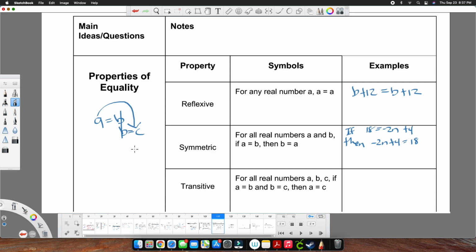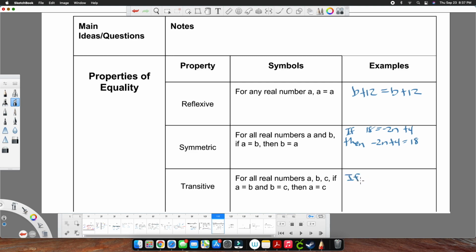And this can keep going. You could keep going all the way to z if you wanted. As long as you have them lined up, you can cross them out. I can jump from beginning to end. So this looks a lot like substitution to most students, or quite a few students that I've dealt with doing this property. But it is a little different, especially if we're making that bigger jump.